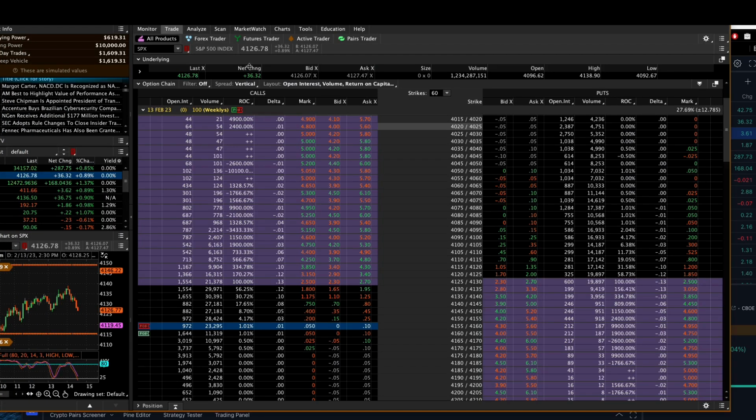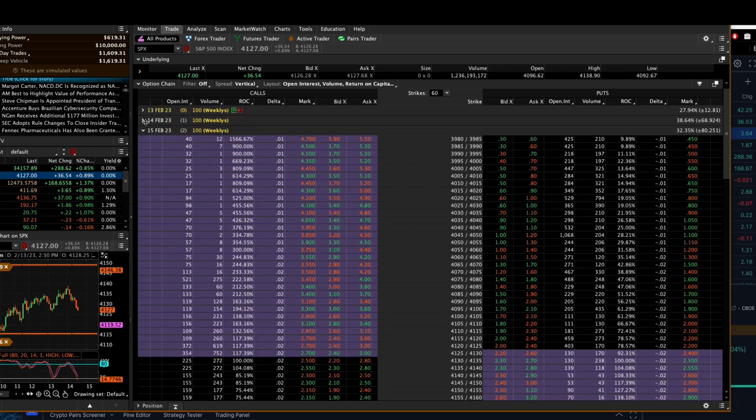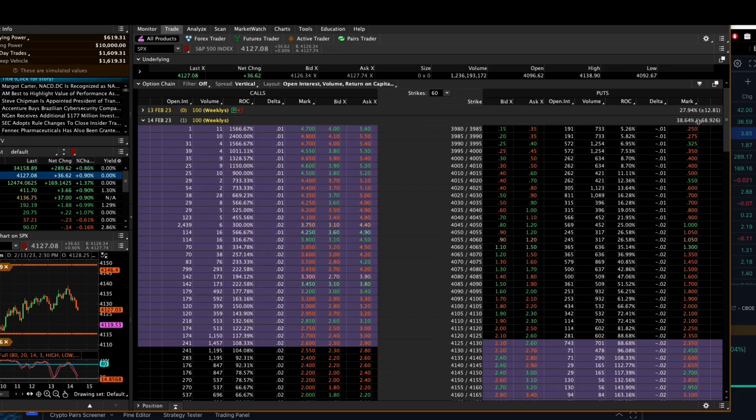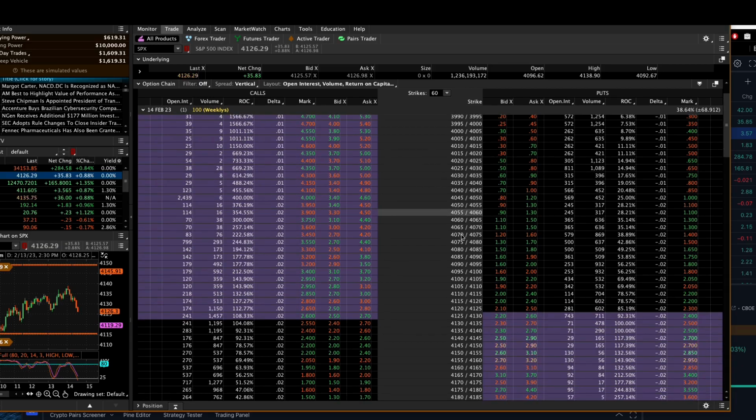Let's move this. If I look at the volatility levels for tomorrow, you can see the expected move is 68 points. I like to trade at double the expected move, which is like 120 something points away from where the market currently is right now.